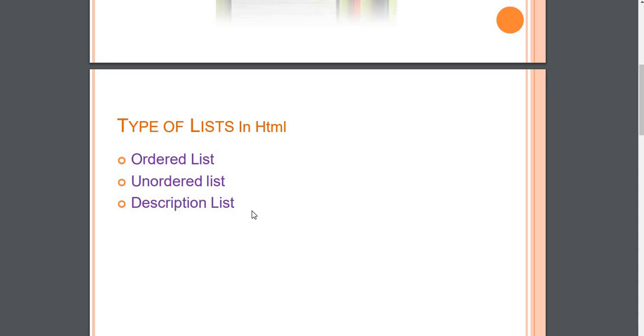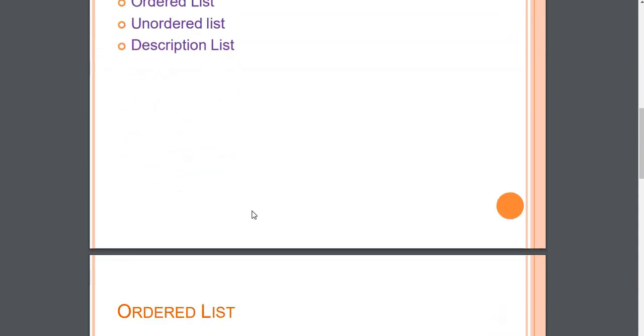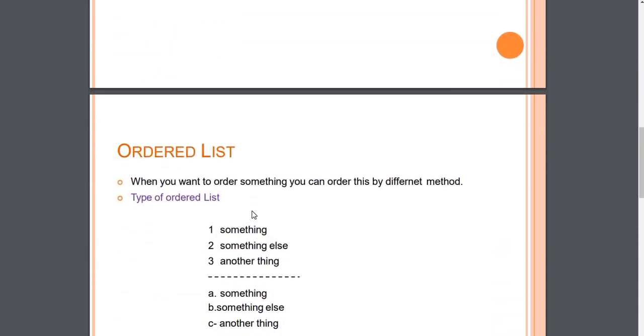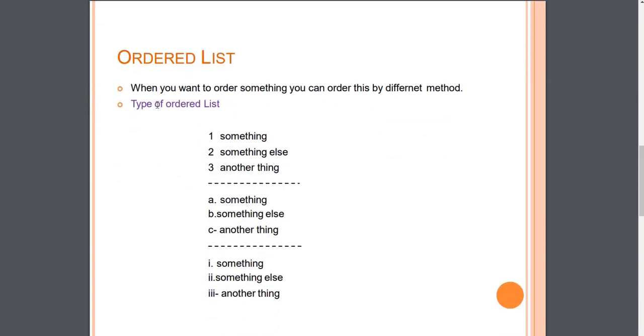Fine, let me explain the ordered list. Let me show you what an ordered list is. When you want to write something, you can order it by different methods, right? When we write ordering, that is first number, second number, third number, or you can say the ranking of a student in a class. What we write is first, second, third.